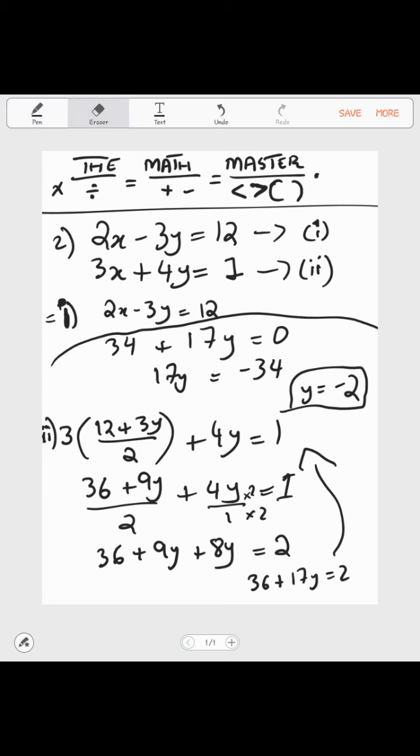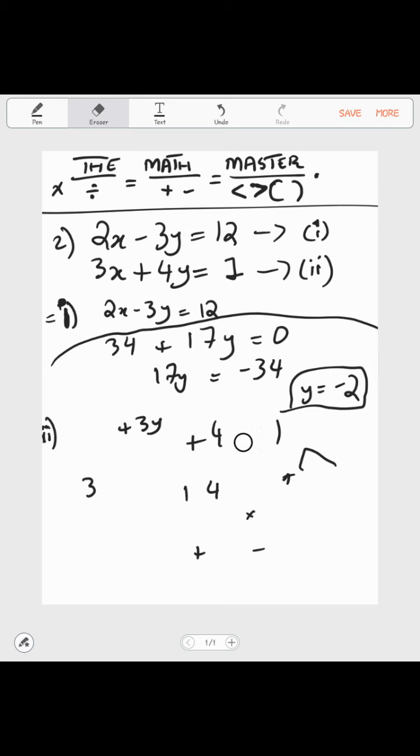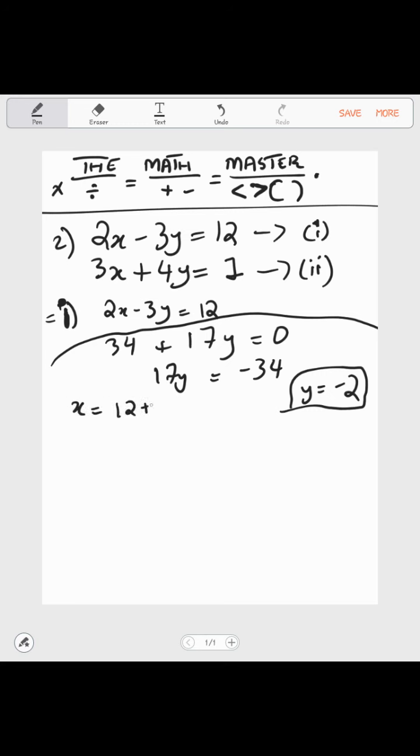Now to calculate x, what we need to do is simply put the value of y in the equation. In which equation should we put the value? We know this came out as x equals 12 plus 3y over 2.